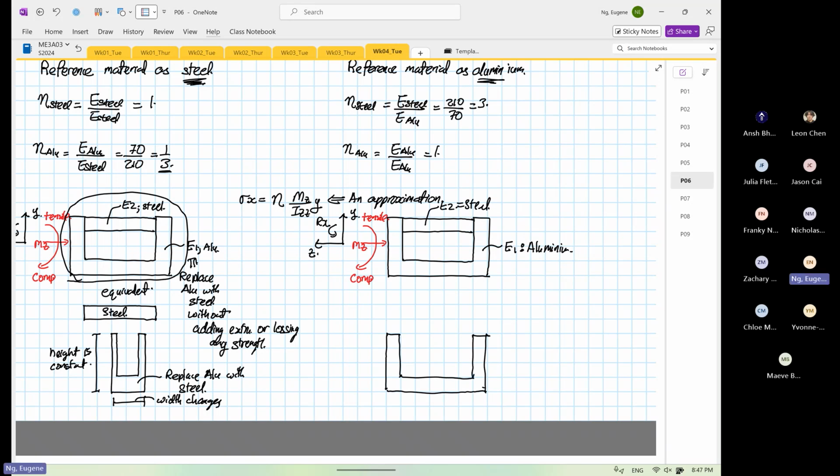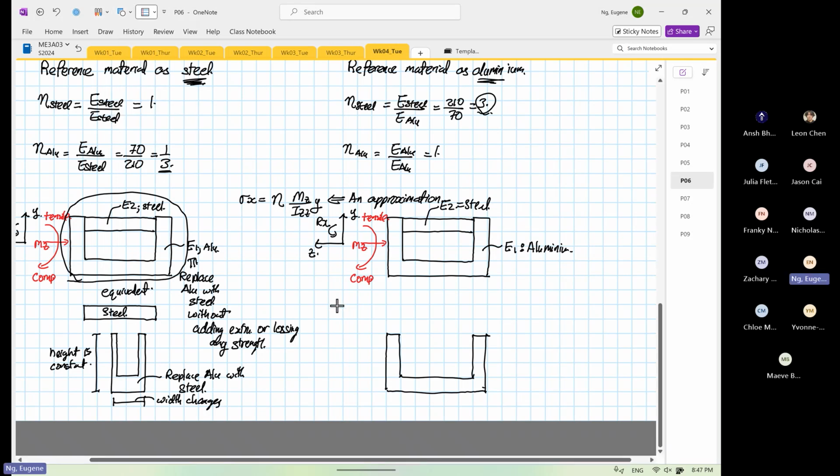However, we want to replace the steel with aluminum. And what will change is the width. So now, if we replace with aluminum, this is how it looks like.